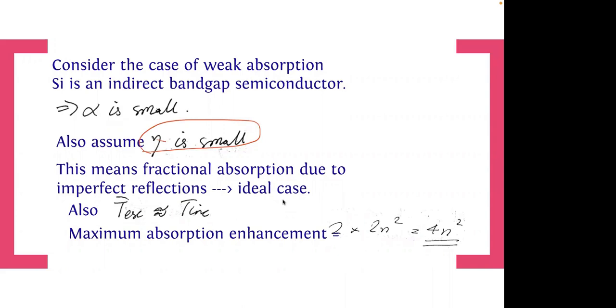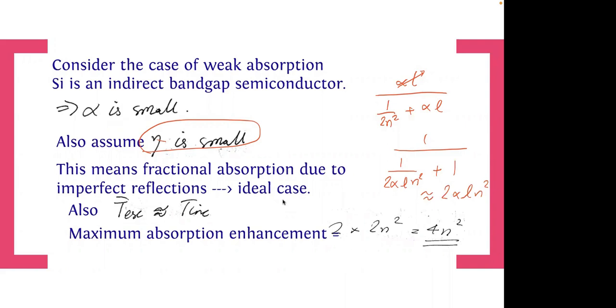If alpha L is small, I'm going to write the same expression that I wrote down before. This is what we had. If I say this is a small number, I can take that down. So what's the maximum I can hope to get?